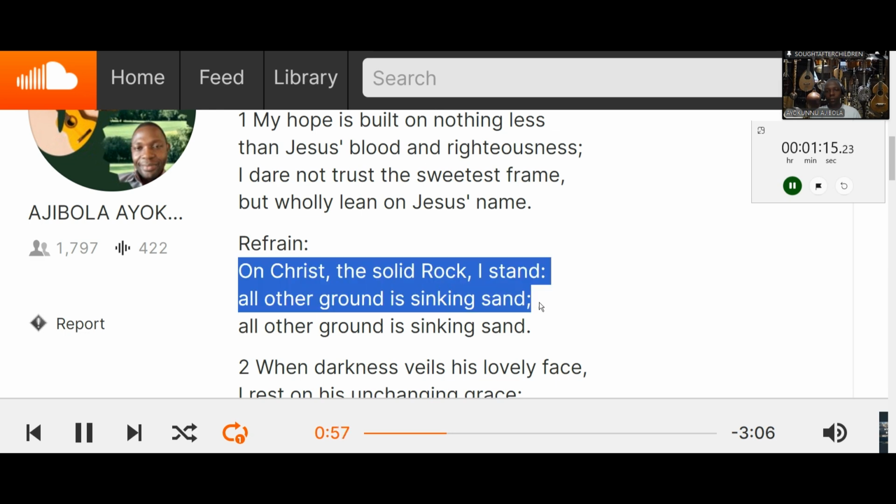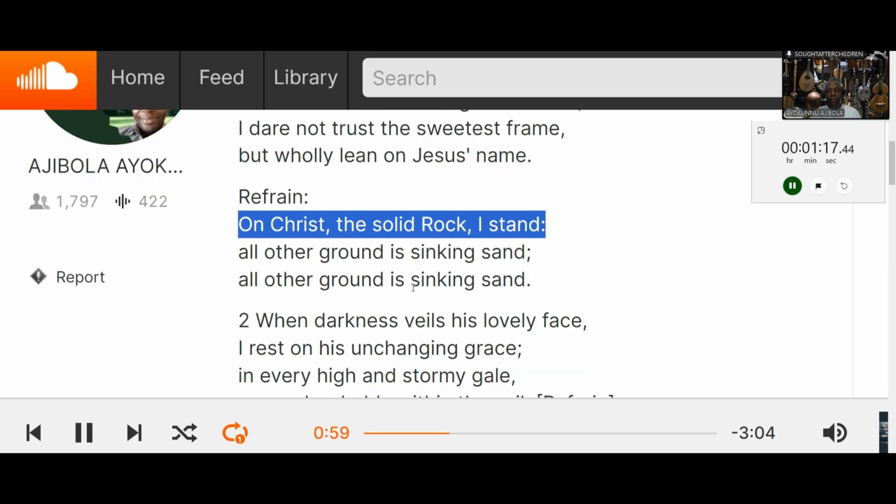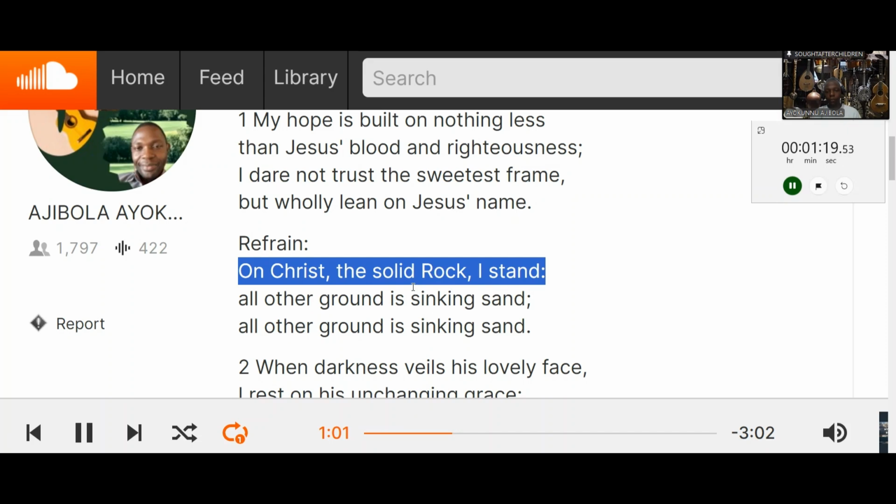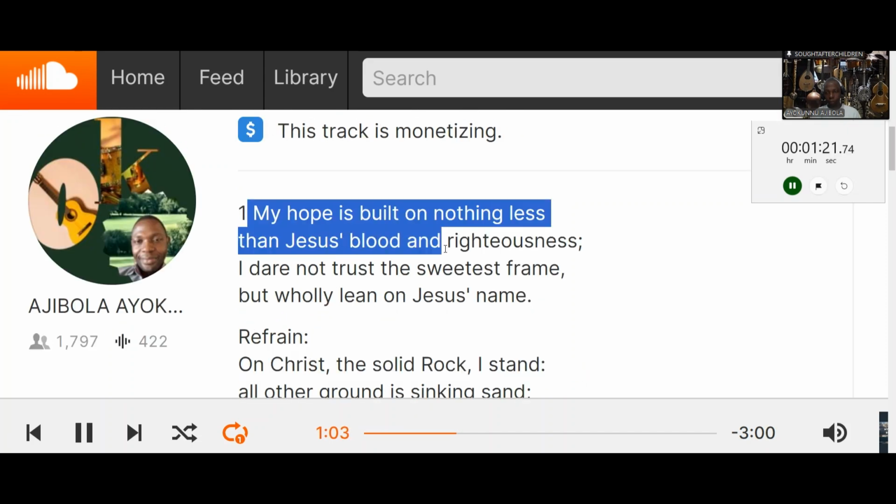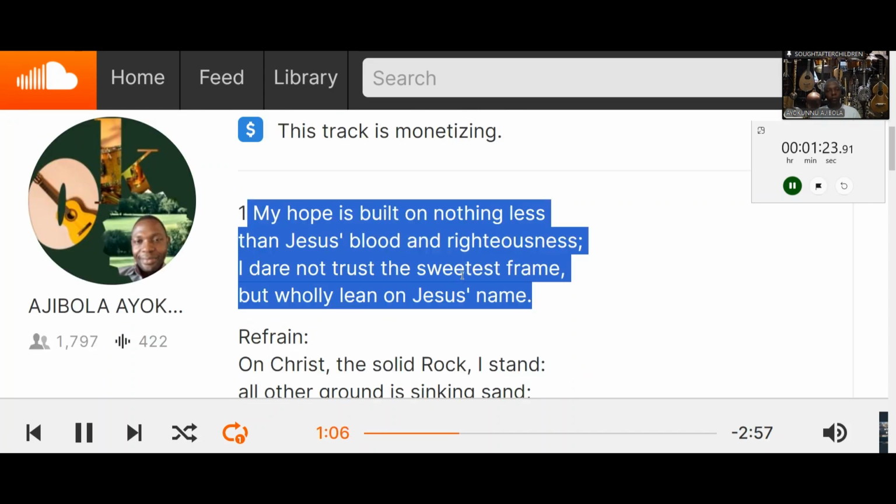On Christ the solid rock I stand, all other ground is sinking sand. My hope is built on nothing less than Jesus' blood and righteousness. I dare not trust the sweetest frame, but only lean on Jesus' name.